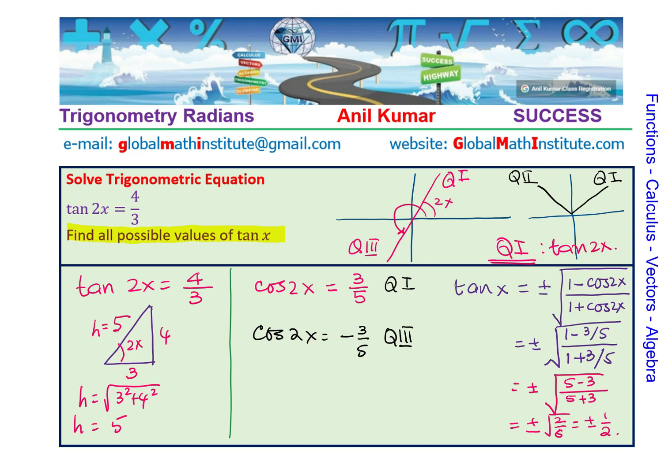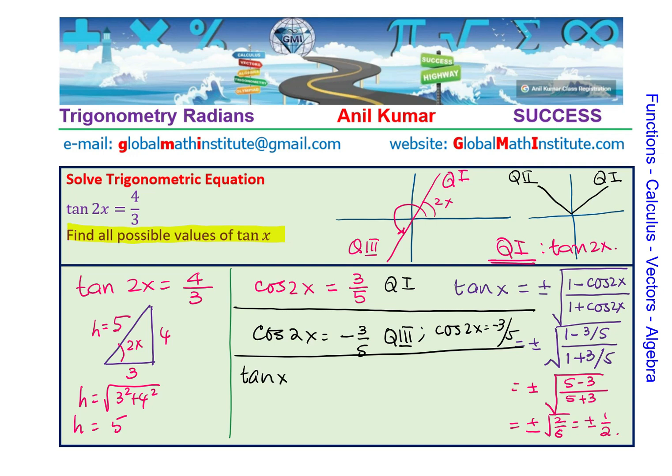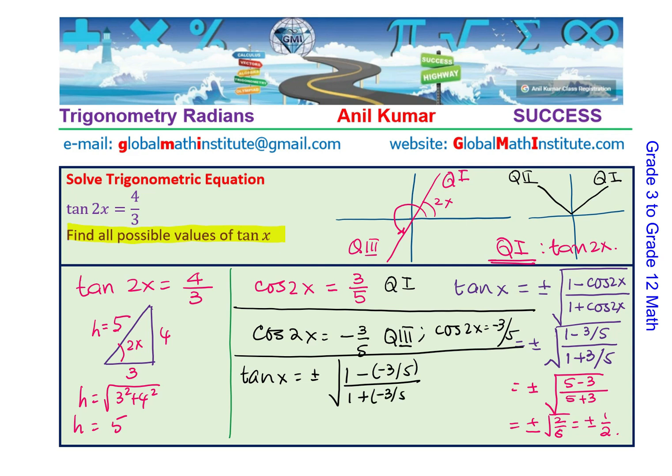However, if you are in quadrant 3, in that case, cos 2x is negative 3 by 5. You get the idea? And therefore, we get tan x equals to plus minus 1 minus negative 3 over 5 over 1 plus negative 3 over 5.